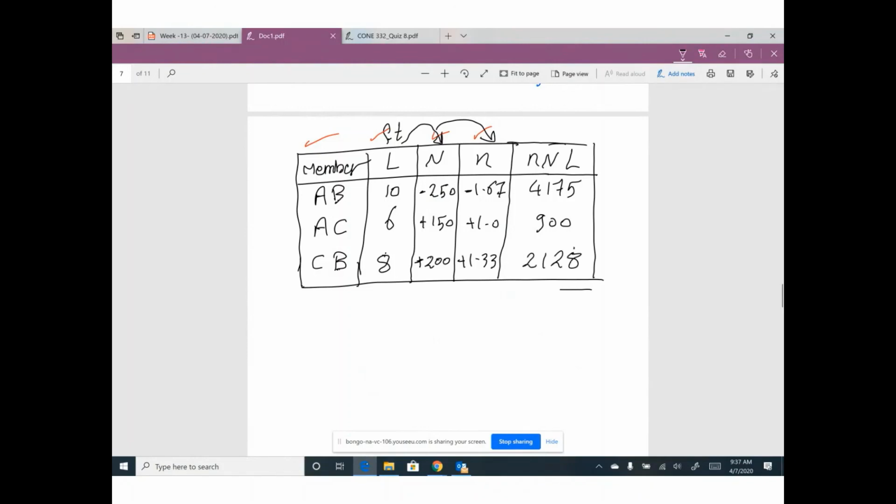Go ahead and get the summation of the last column. Add this value plus this value plus this value. So your final answer will be 7,203. That means your deflection at B equals 7,203 divided by AE.